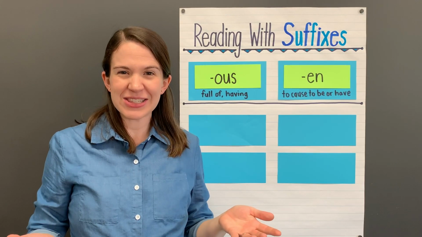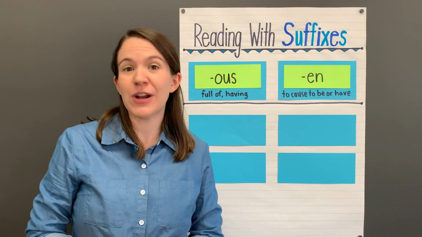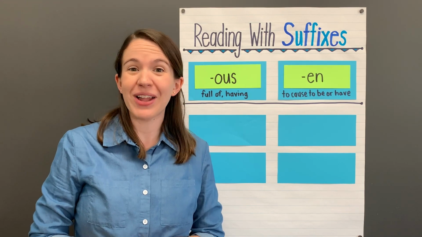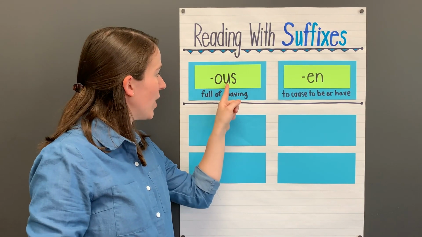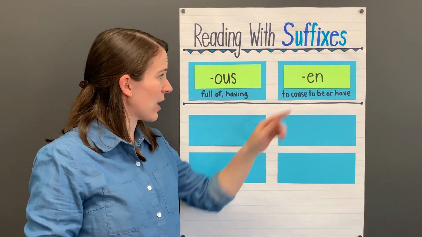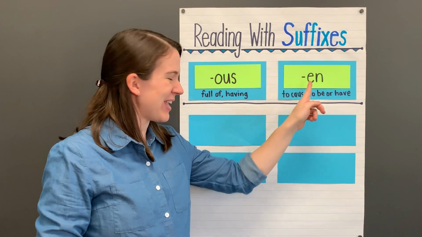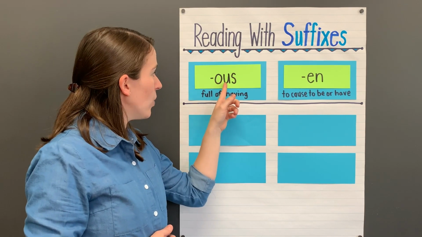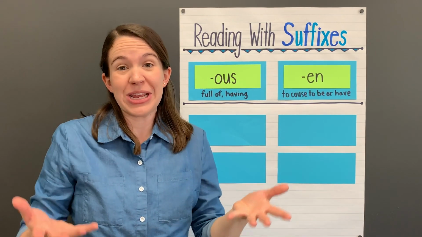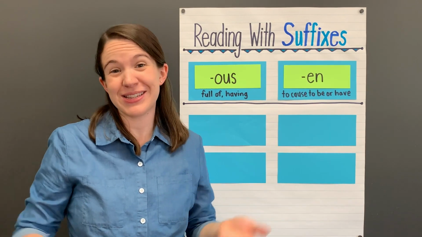When we look at these suffixes, we notice that there are different vowels used to spell each suffix. This first suffix has the vowels O-U, and the second one has the vowel E. Now, you might think that we're going to use the O and U and E sounds to read these suffixes. That would make sense.